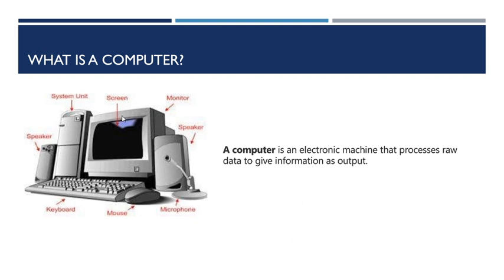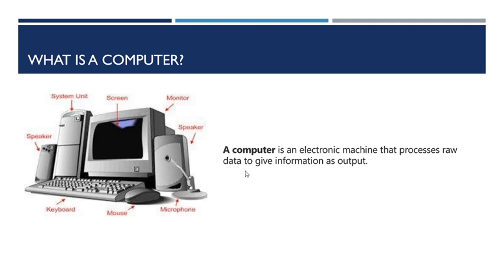It has a screen, a monitor, a system unit or CPU, a speaker, keyboard, mouse, microphone, and so many other components which as a whole describe a computer. So a computer is an electronic machine which will process raw data to give information as an output.